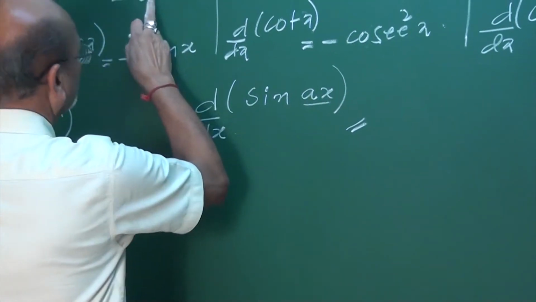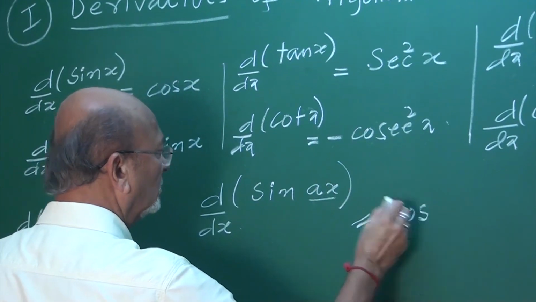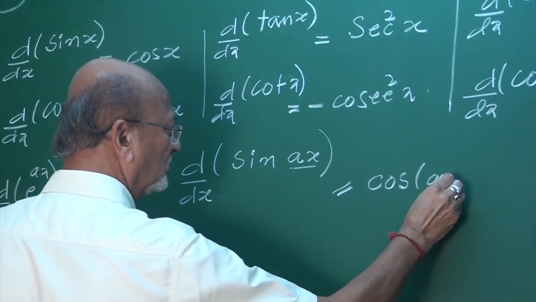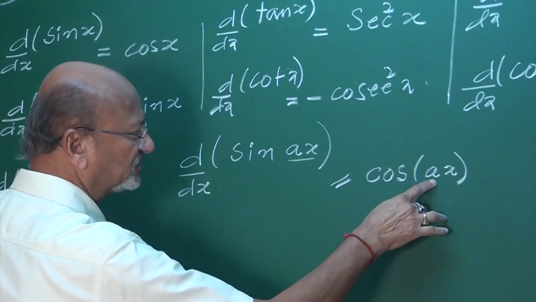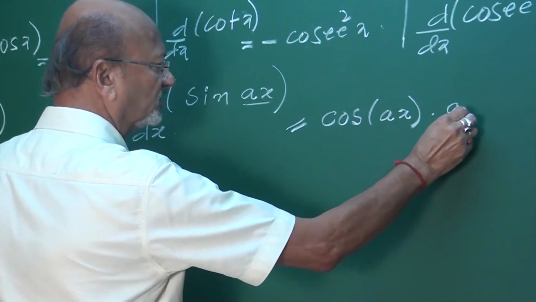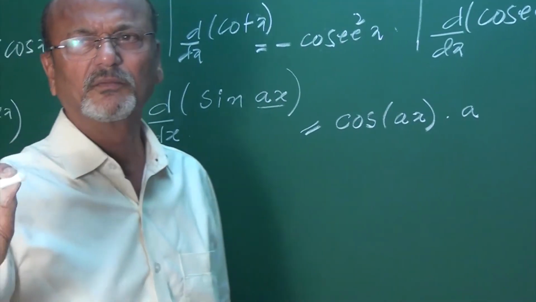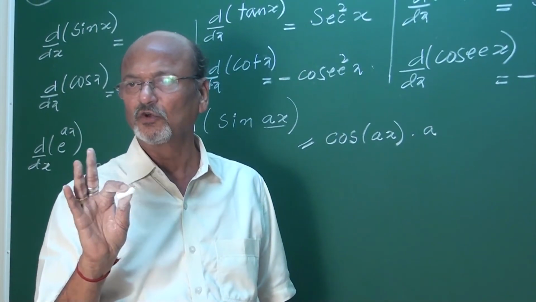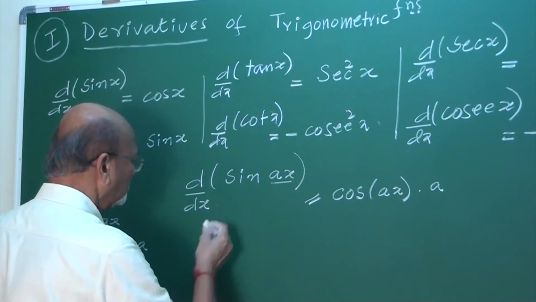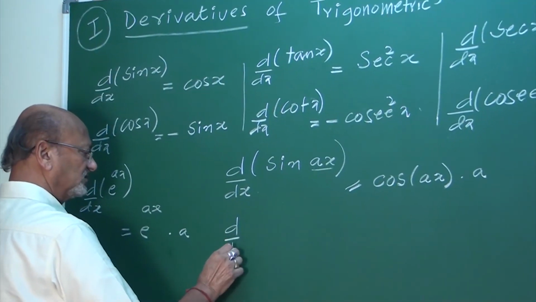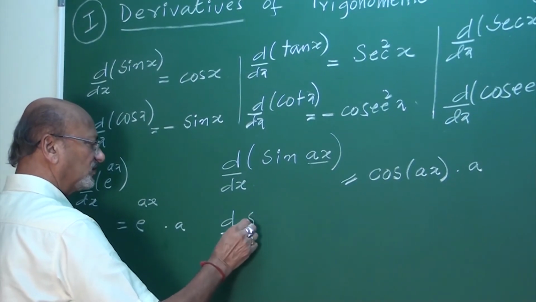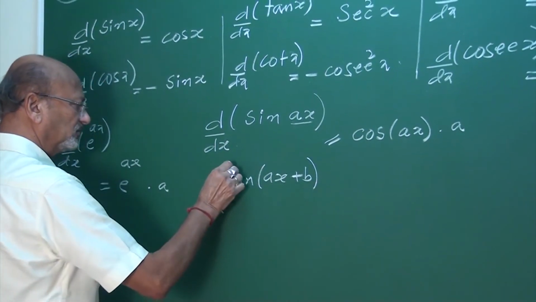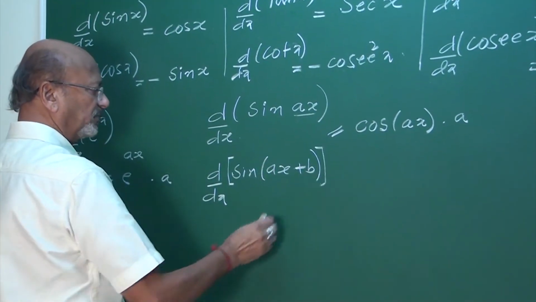What is the derivative of sine or cos? If the angle is x, write the angle as x. If the angle is other than x, like ax, then write its coefficient. It is very simple and easy to remember. Similarly, consider d by dx of sine of ax plus b or ax minus b.